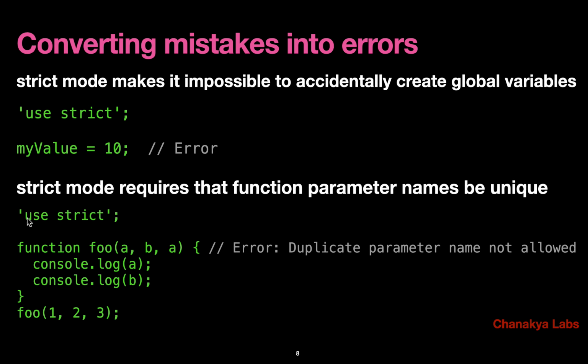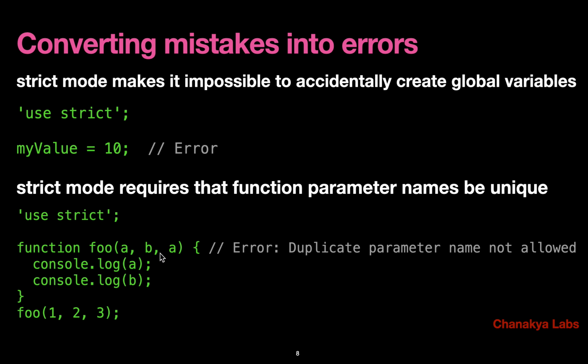And in non-strict mode, the default behavior is that whatever is the last is used. For example, in this case a, b, a, and we are passing 1, 2, 3. Now b is 2, there is no doubt about it, but what is a? Is a 1 or is a 3 inside this? If I console log a, actually a is 3.